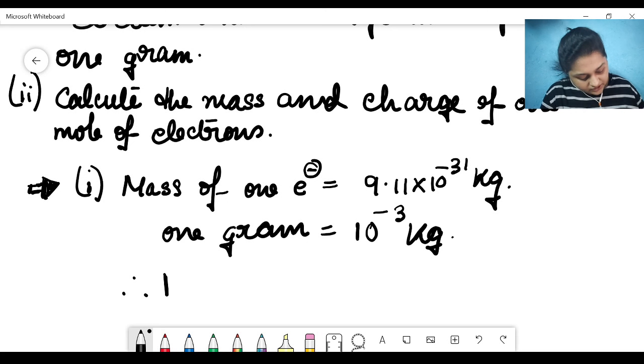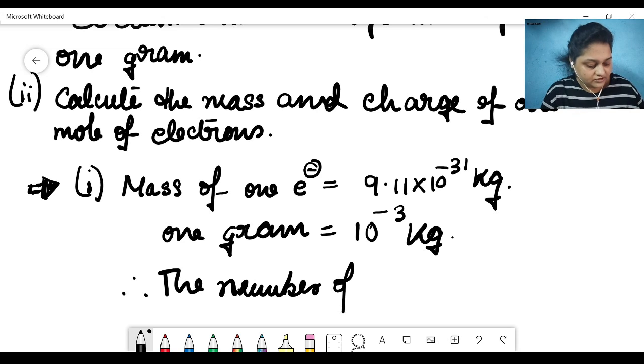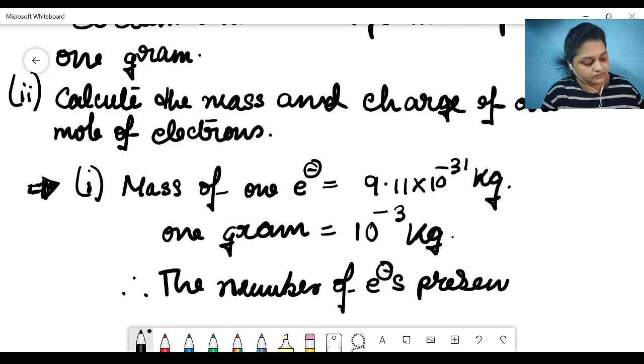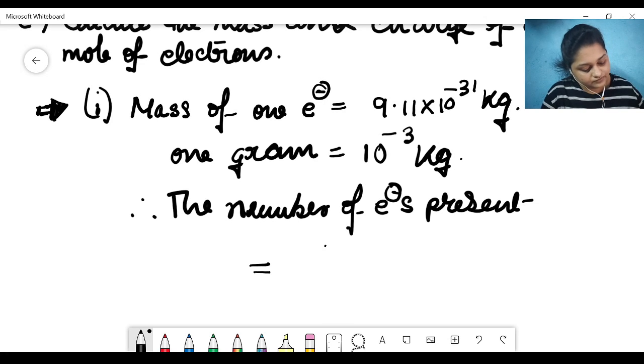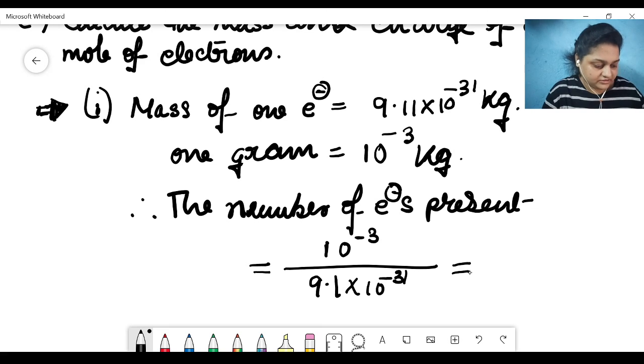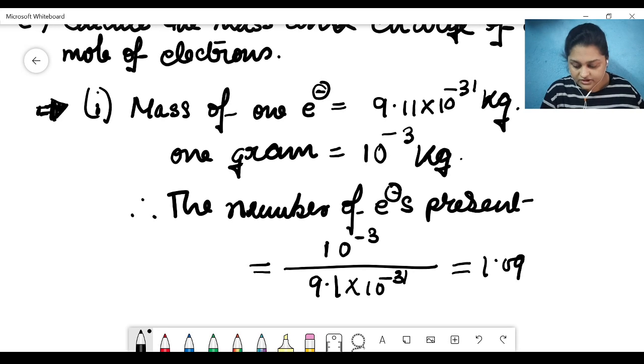Therefore, the number of electrons present is 10 to the power minus 3 divided by 9.1 into 10 to the power minus 31, and this will give the value nearer to 1.098 into 10 to the power 27 electrons.